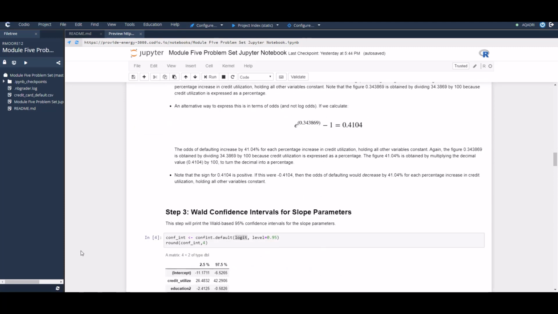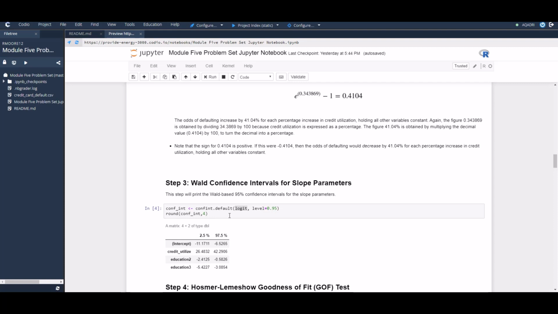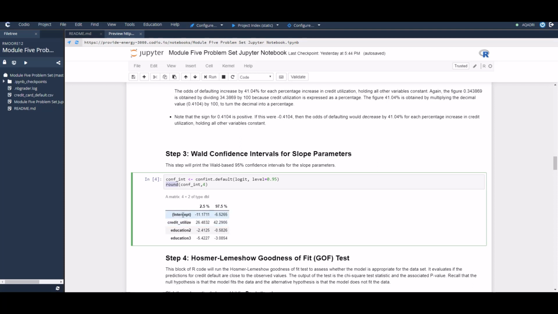Once we run it, we can print, and I'm rounding here to four decimal places. So you get your confidence interval. This is for the intercept, and then your predictor terms in the model. This is the lower value, and then the upper value for the confidence interval. The interpretation for these would be very similar to how you've been doing in the previous weeks.